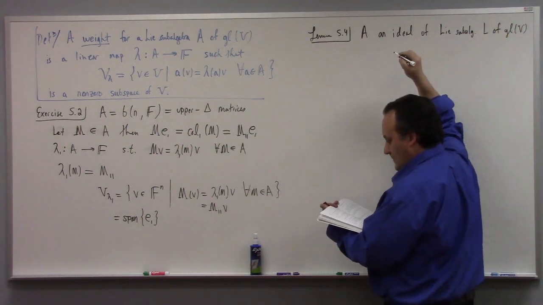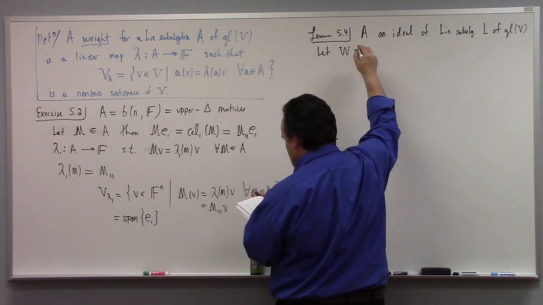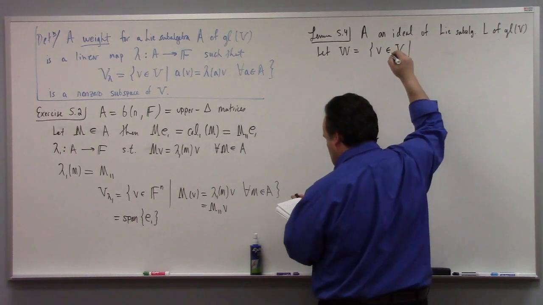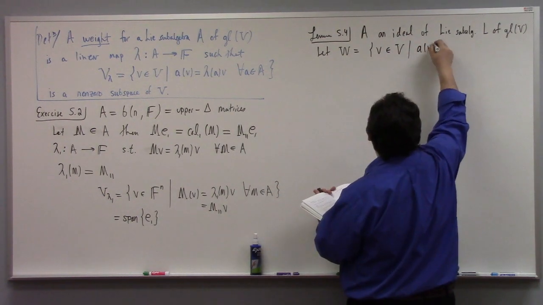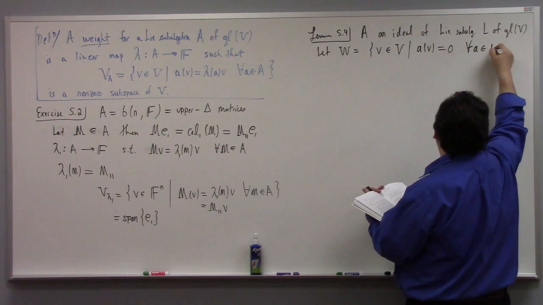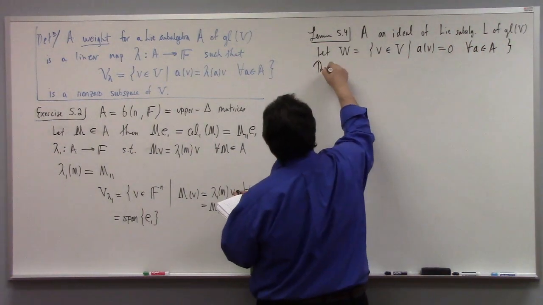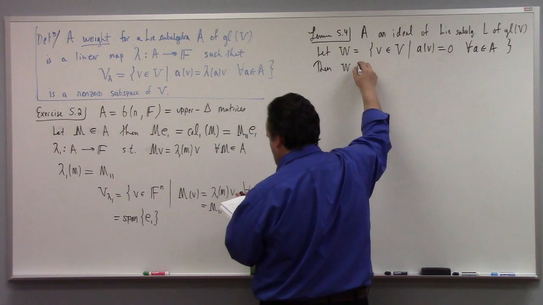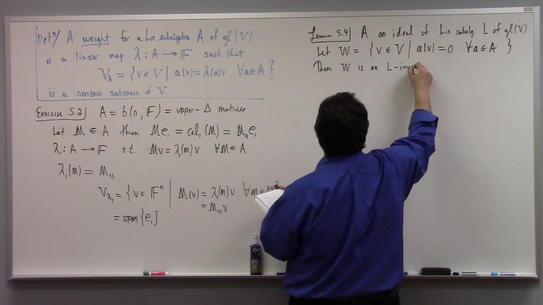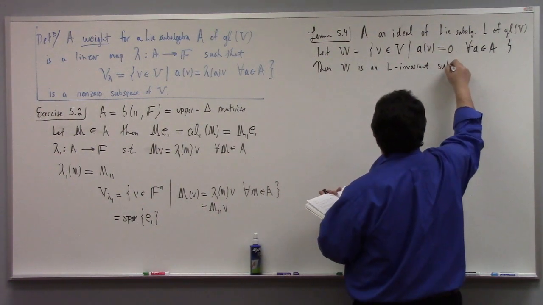Let W equal the set of v in V such that A of v equals 0 for all A in A. Then W is an L-invariant subspace of V.